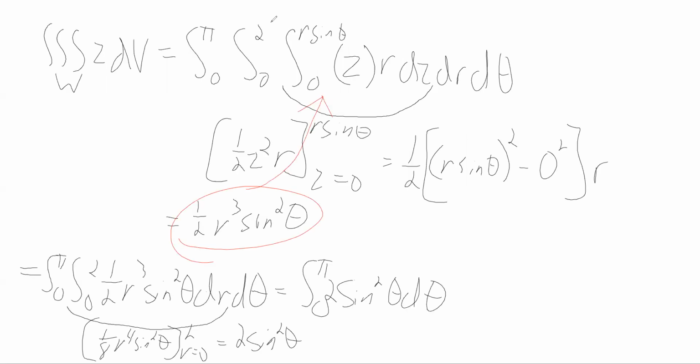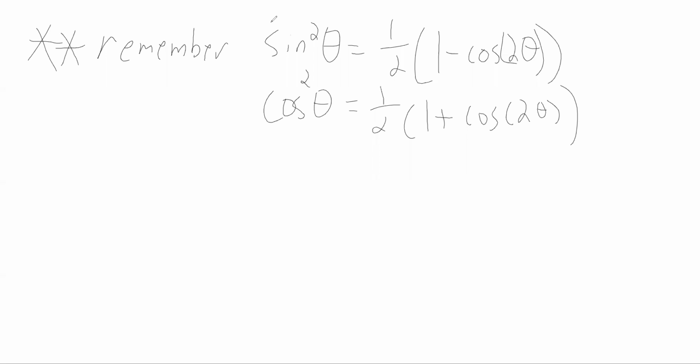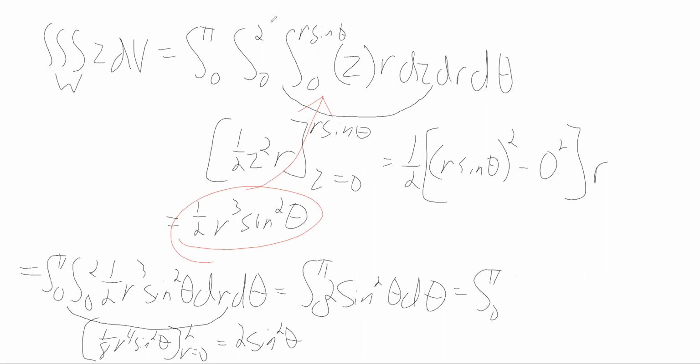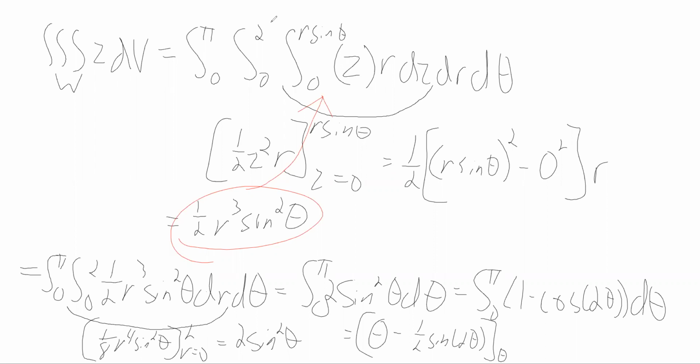So using that, 2 times sine squared theta becomes 2 times 1/2 times 1 minus cos 2 theta. So the 2 and the 1/2 cancel. We get the integral of 1 minus cos of 2 theta d theta, which is just theta minus 1/2 sine of 2 theta, evaluated from theta equals 0 to pi.